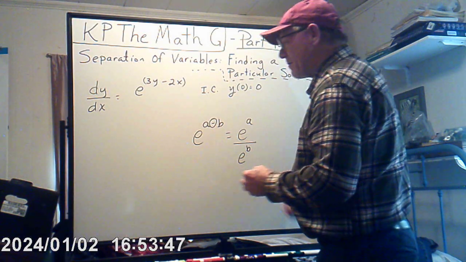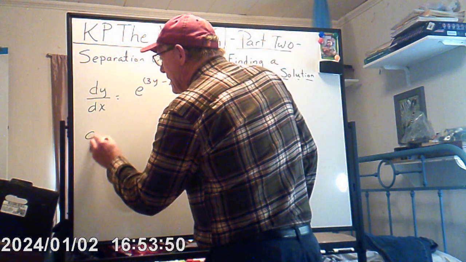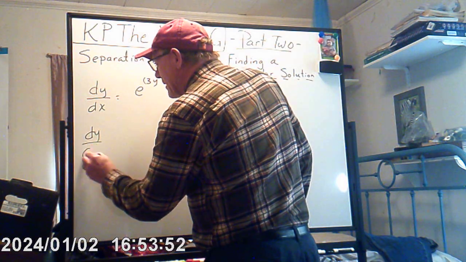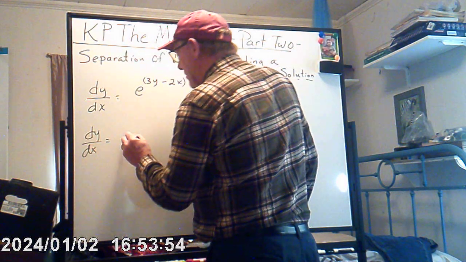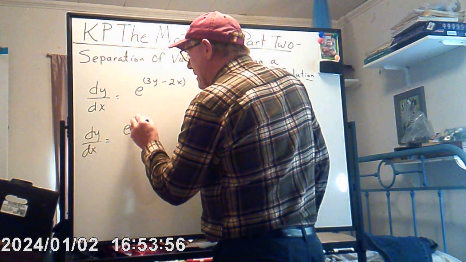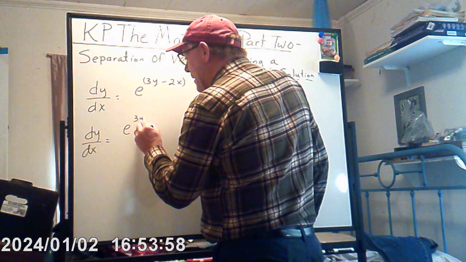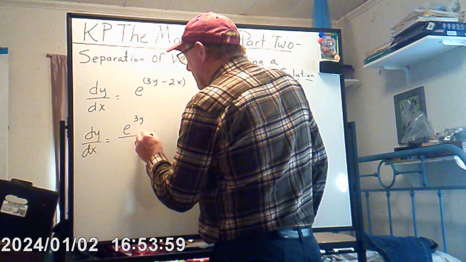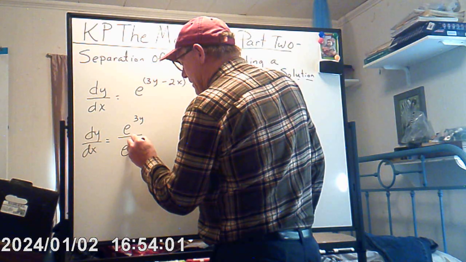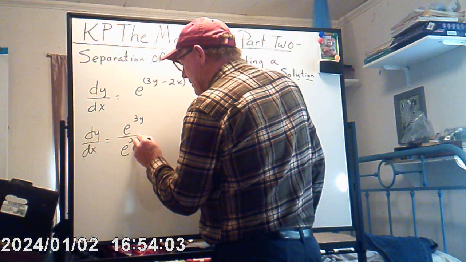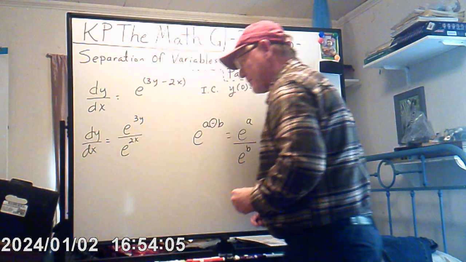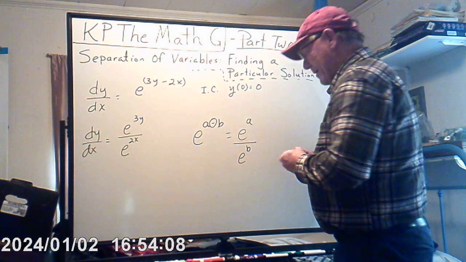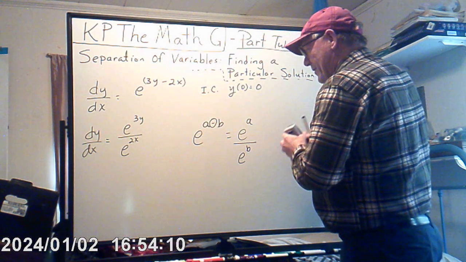Alright, so let's rewrite that. dy over dx is equal to e to the 3y over e to the 2x. Okay, erase this.